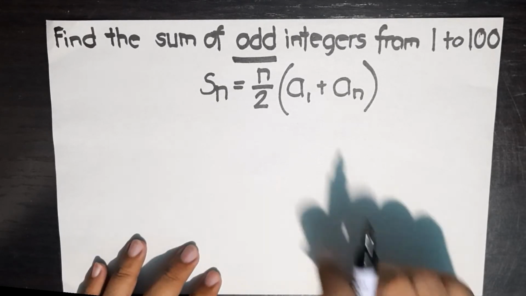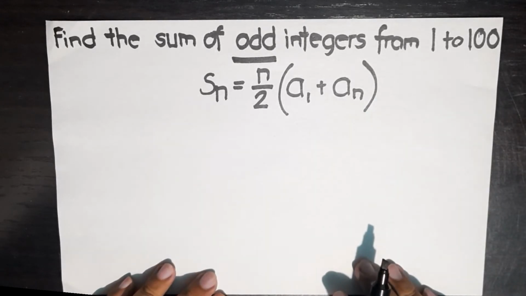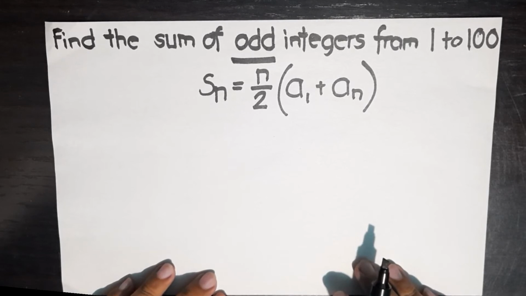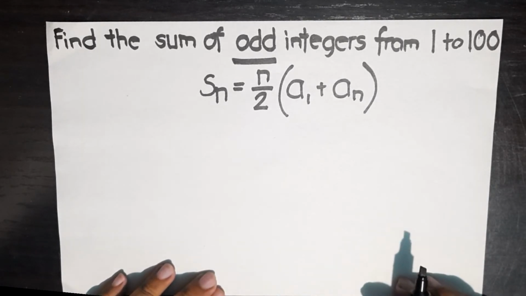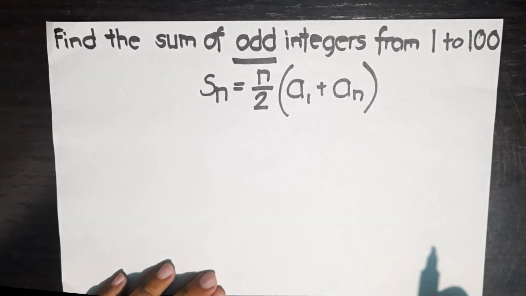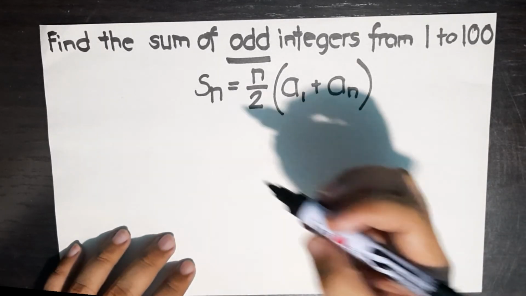So, do we know the first term of the odd numbers from 1 to 100? Yes, it's 1. Do we know the last term? The odd integer? Yes, and that is 99. We cannot use 100 because 100 is an even number. So in that case, we are ready to use the shortcut method.